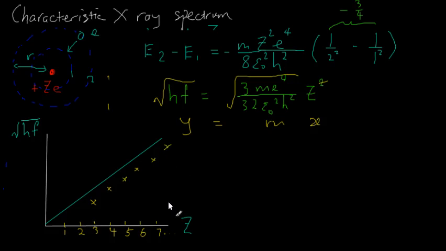So a very strange thing was observed when the graph for this calculated equation was compared with the measured points. These are measured and that line there is calculated.